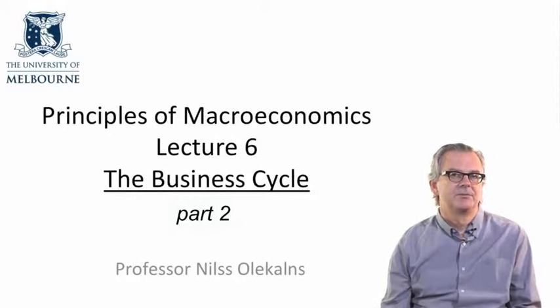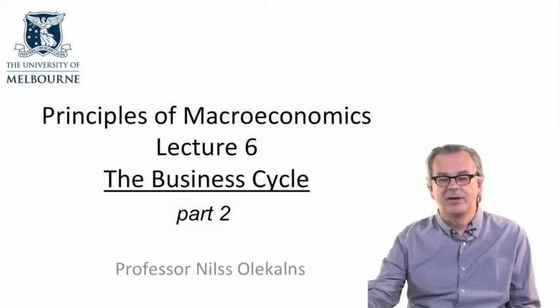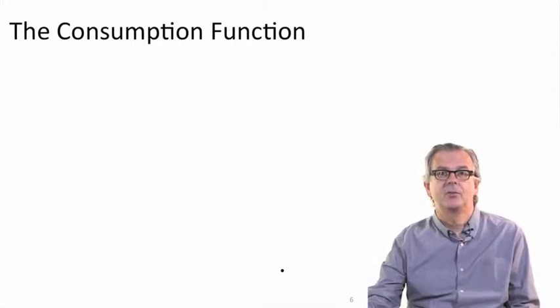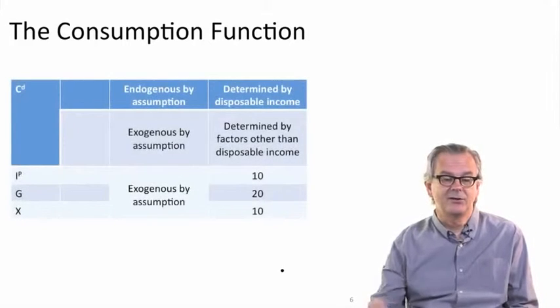That leaves consumption. Consumption, the fourth component of planned aggregate expenditure, which we haven't said anything about yet. The way we treat consumption is going to be a little bit different from the way we treated the components of planned injections.